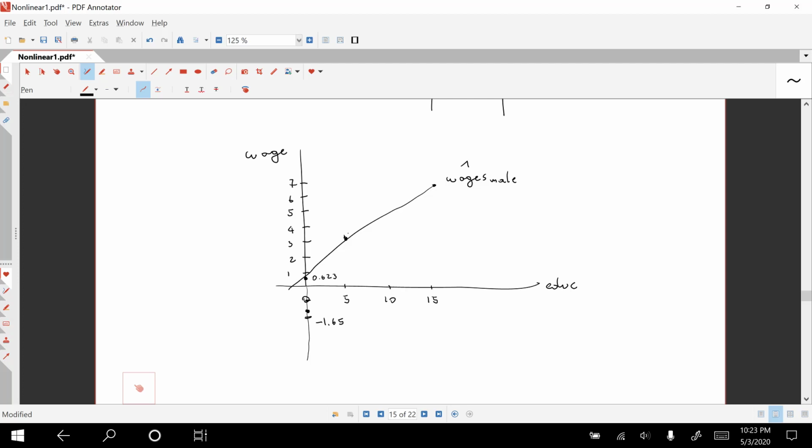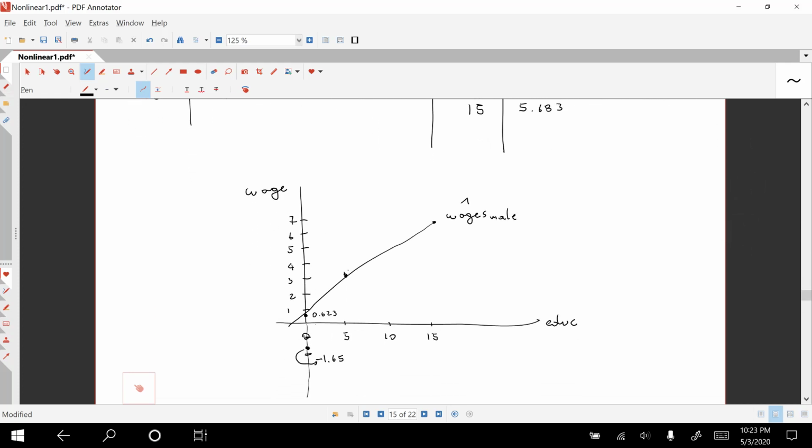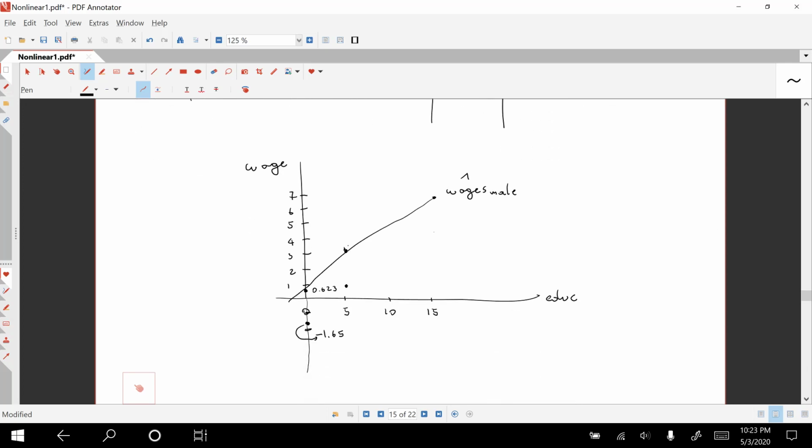Then we have 0.88 for 5, and for 15, 3.41.